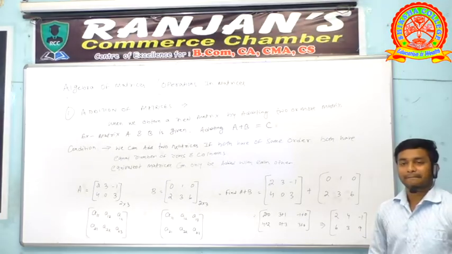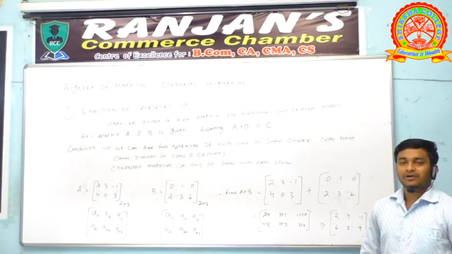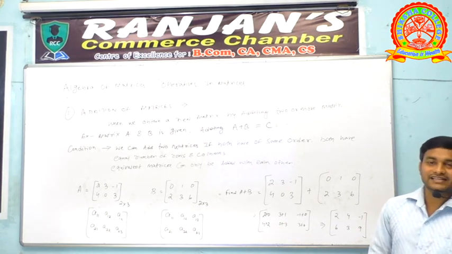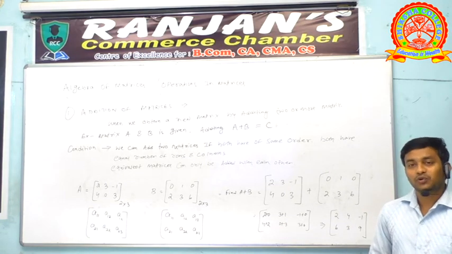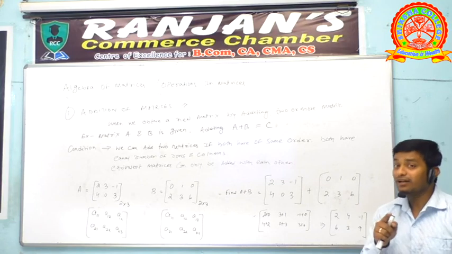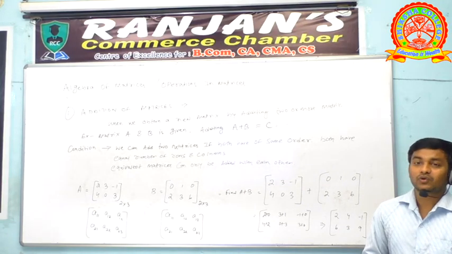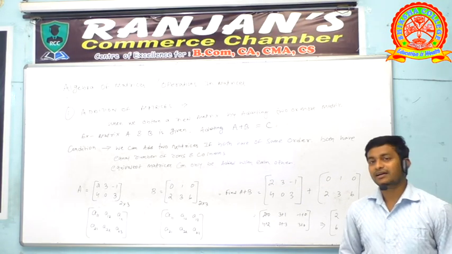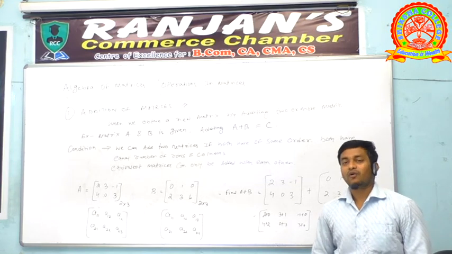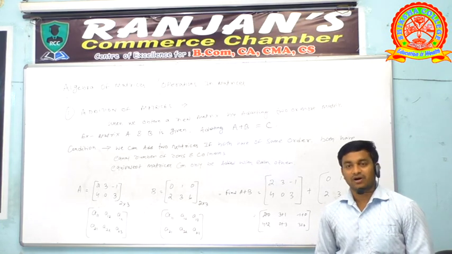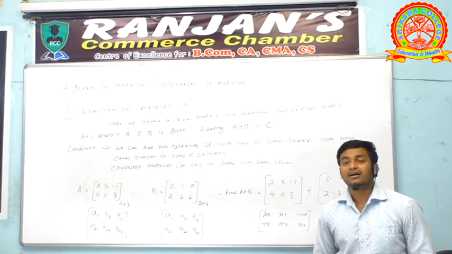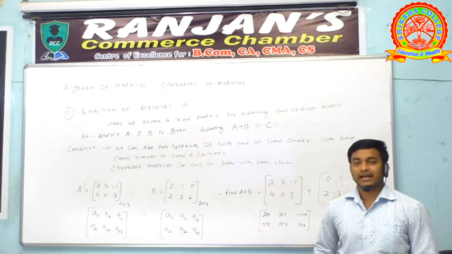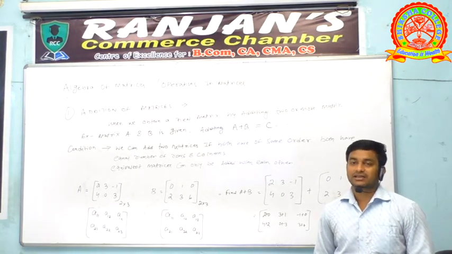Okay, I hope you all understand what addition is, how to do it, and when we can add two matrices. Two matrices can be added only if both are of same order, that is, both are called equivalent matrices. We can add only two equivalent matrices.